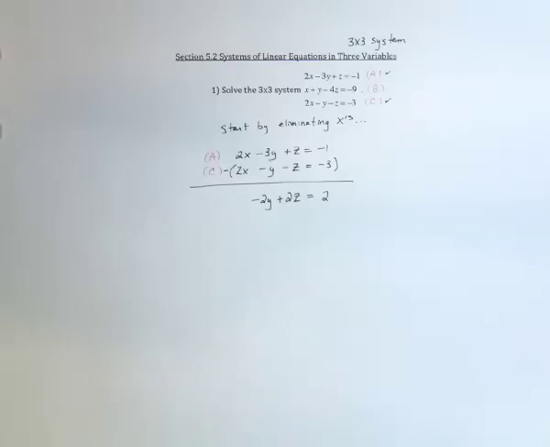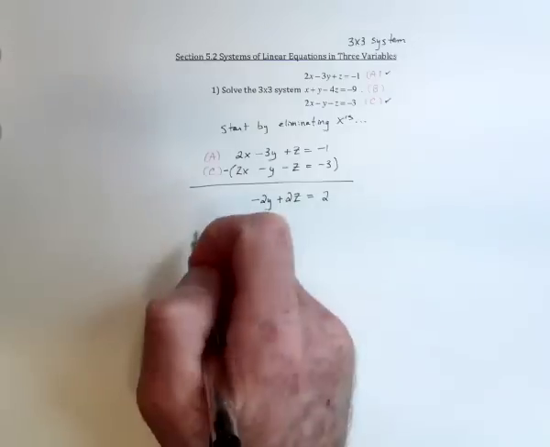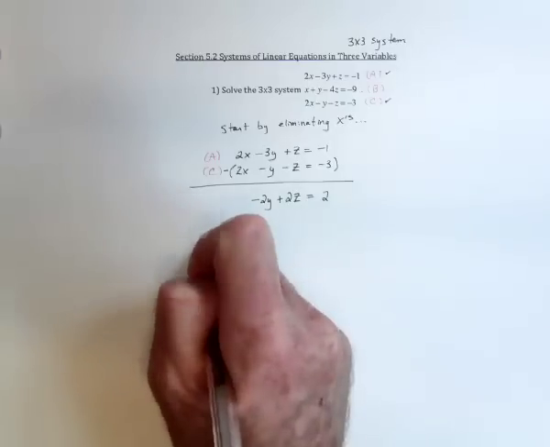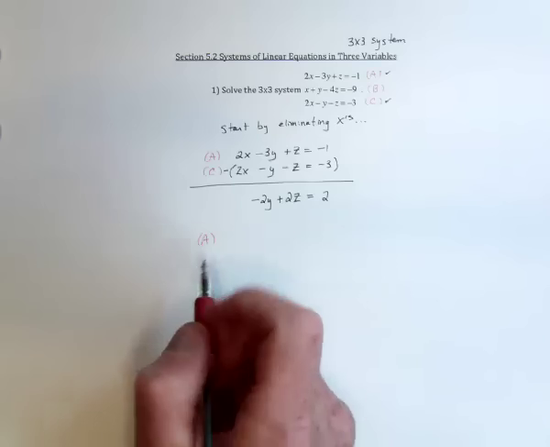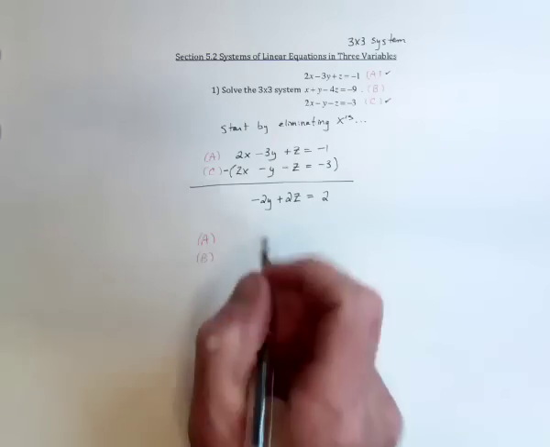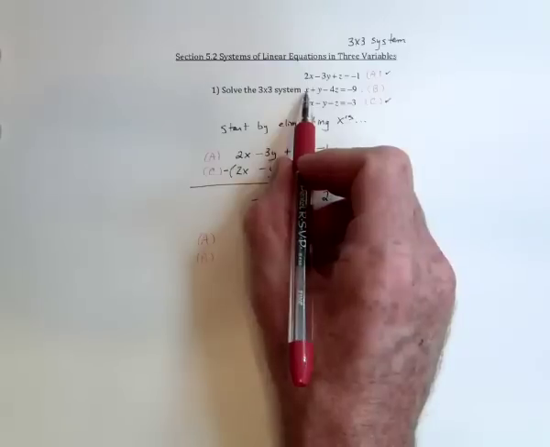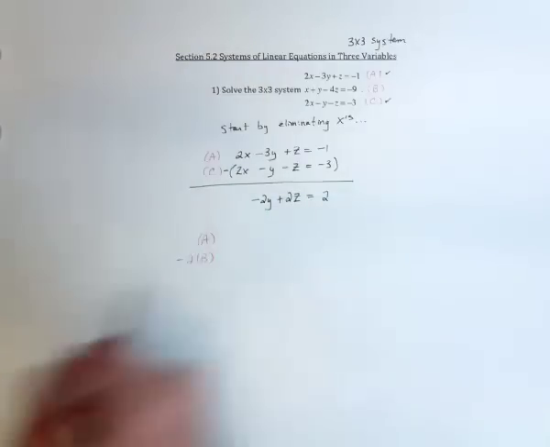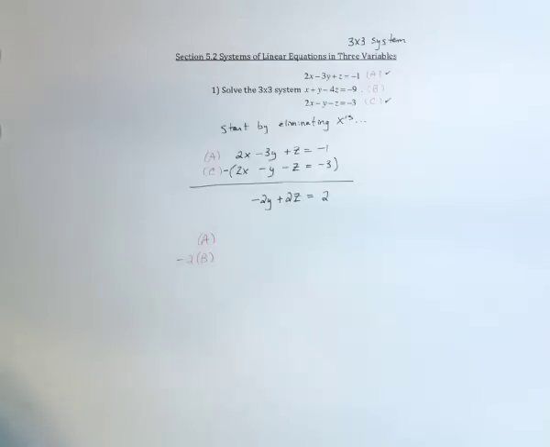I think that I'll use A and B. So if I use A and B, well, in order to get the x's to cancel, I'm going to need to multiply this one by a -2. So I can indicate that here, that I'm going to be multiplying the second equation by -2.